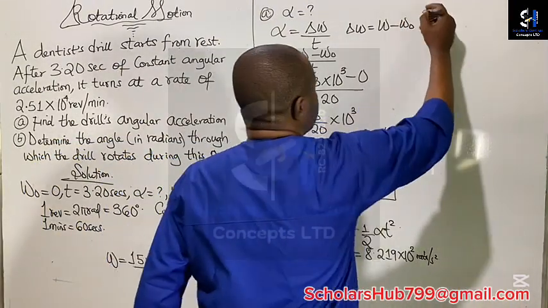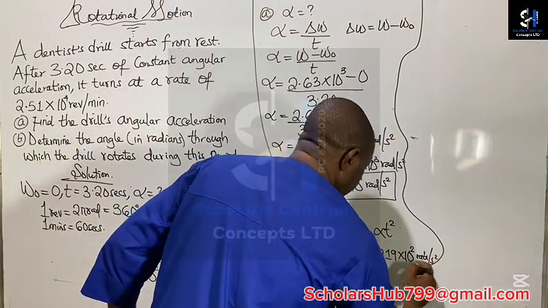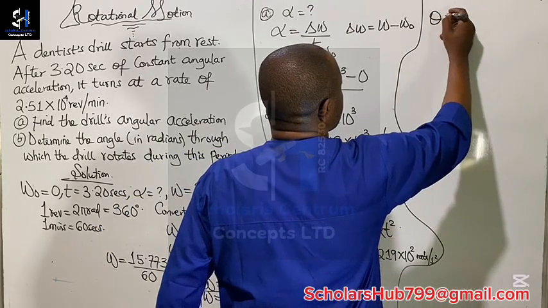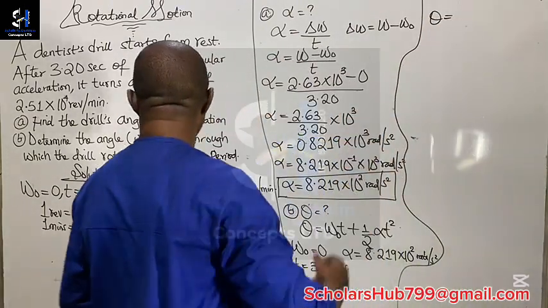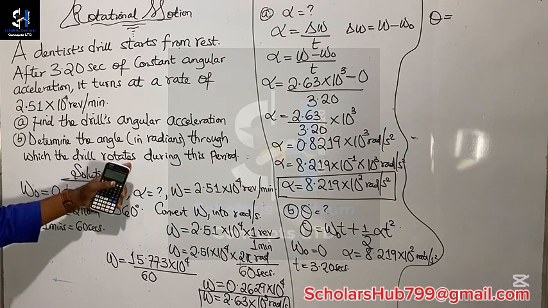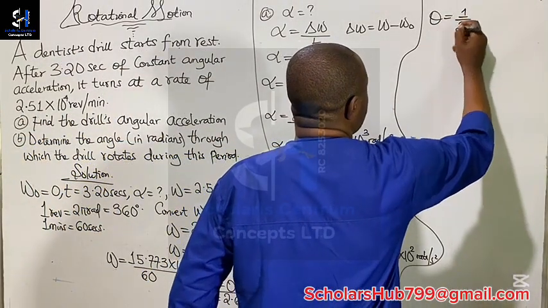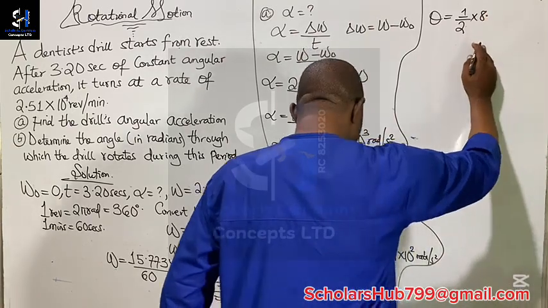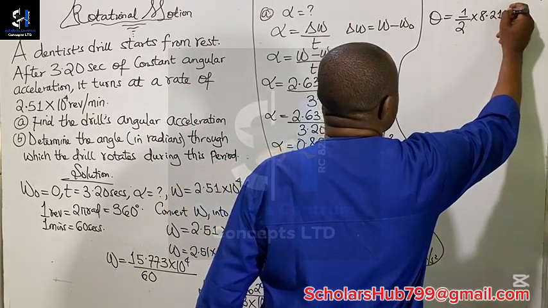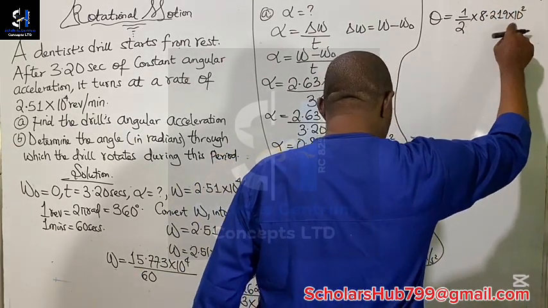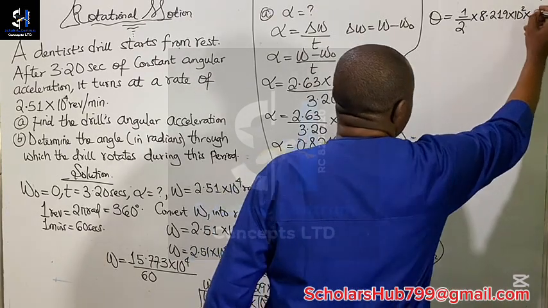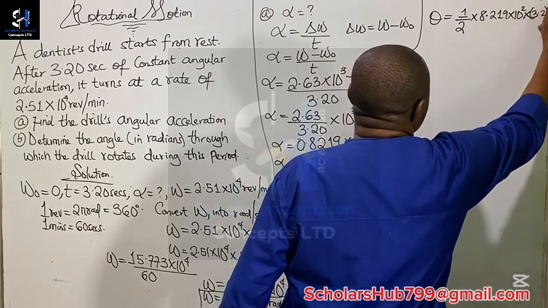So the angular displacement, which is the angle through which the drill rotates during this period, will then be 1/2 multiplied by 8.219 times 10 raised to the second, then multiplied by 3.2 raised to the power of 2.